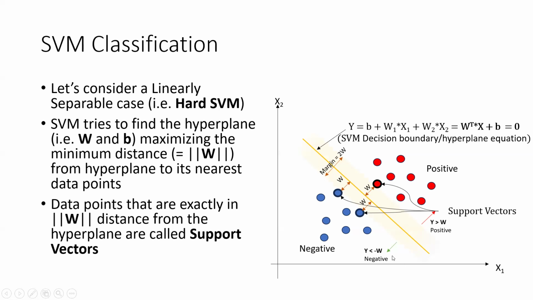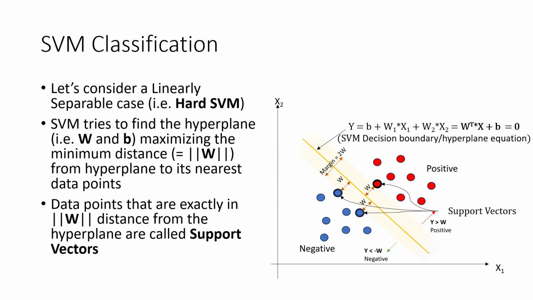So the idea of the support vector machine algorithm is to find this linear decision boundary so that we can classify these two classes, right?